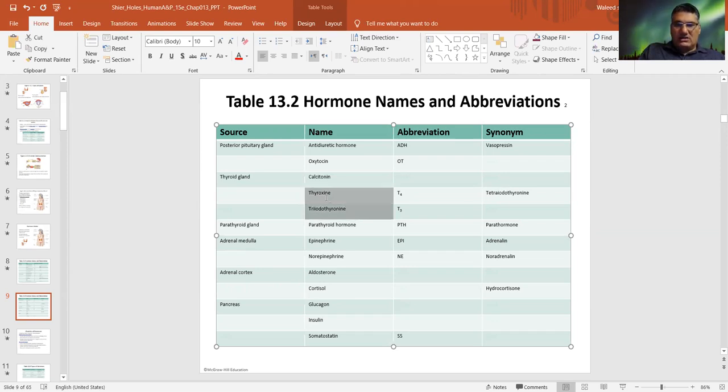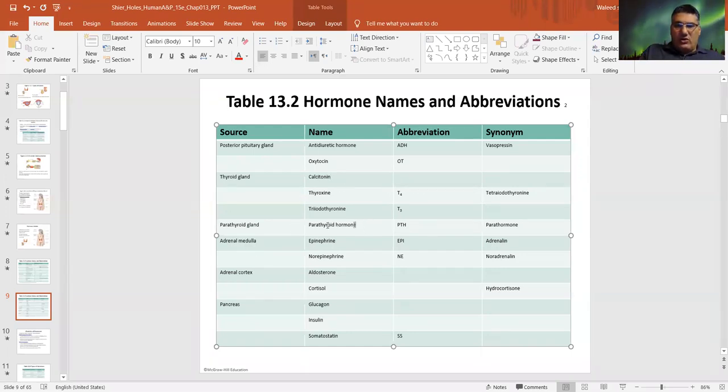So these are the main ones, which are the thyroid hormones. Beside that, it's going to also secrete something called calcitonin. We talked about calcitonin before when we talked about homeostasis, but let's refresh our information. Calcitonin, calci means calcium. Calcitonin means the hormone that's lowering calcium. Calcitonin takes the calcium down. So it is coming from the thyroid gland.